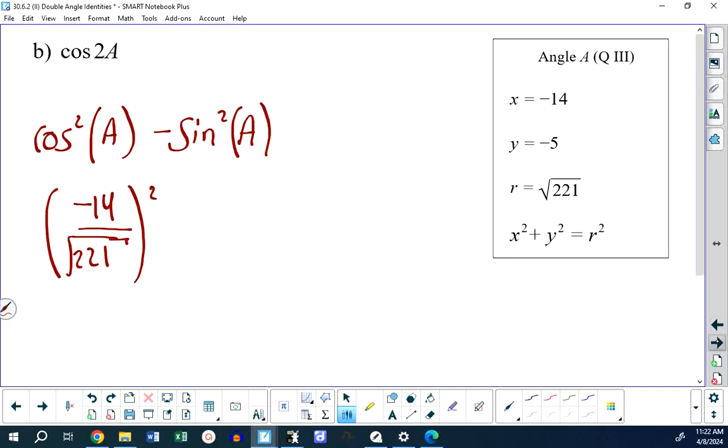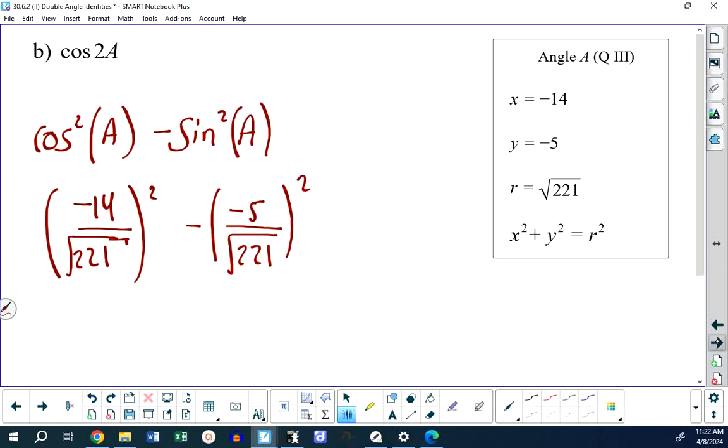Minus, we have to take the sine of a, which is negative 5 over root 221, and square it. I want to write something in addition to what I've written.